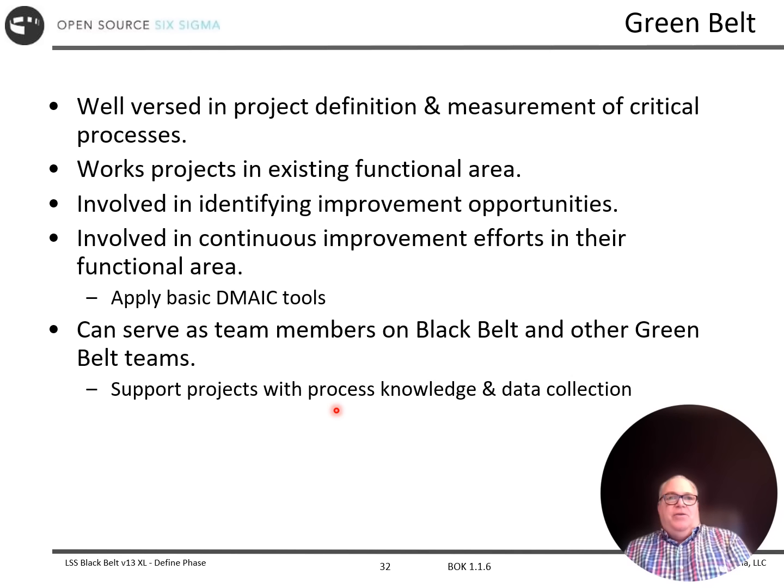But you can get a lot of leverage if you're doing 10 small projects in a different business unit that report up through you. There's a lot of leverage to getting those 10 projects done, even if they're small ones, in order to add up to a total. So they usually work projects in their existing functional area.